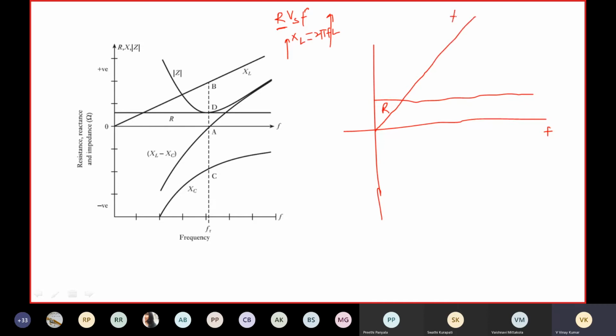This is XL. Coming to XC, XC decreases because XC is equal to 1 by 2 pi FC. With the increase in frequency, XC will be decreasing, inversely proportional to the frequency, right?